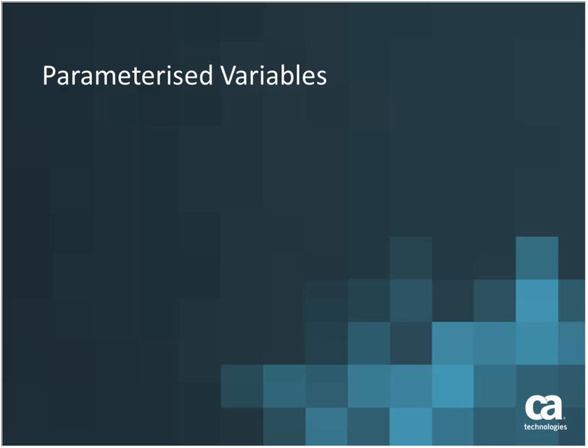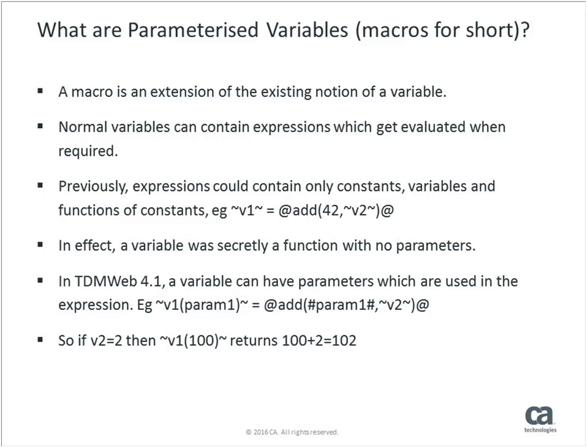Really, the way it worked previously was that a variable was secretly a function with no arguments at all, and all we've done is to make it more of a real function, although we're still limited to one expression. So in TDM Web 4.1, you can specify a variable with arguments in the name, and then you use them in the expression by bracketing them with just a hash sign.